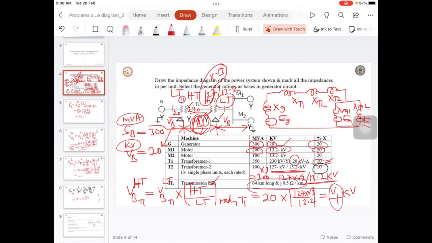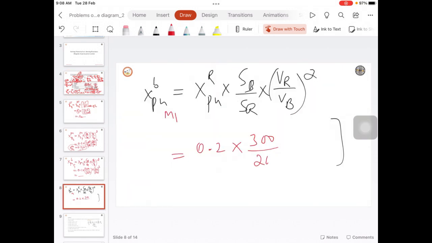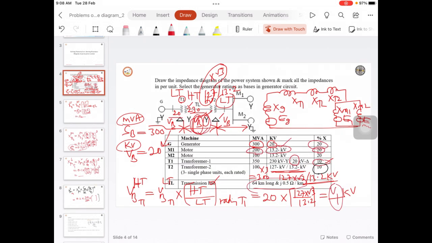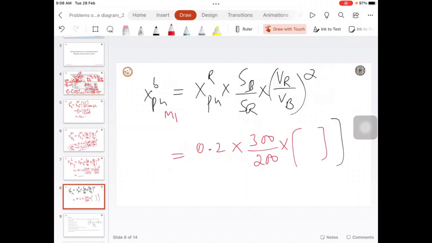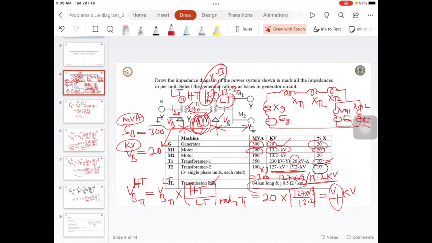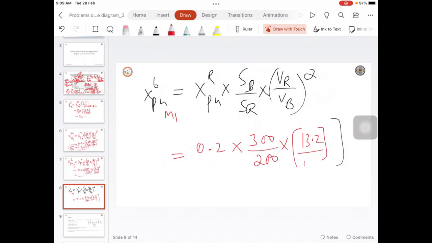What is the rating of the motor? That is 200. So 200 into VR by VB. What is the rated voltage of the motor? Motor 1 is 13.2, and the base value on the motor side is already found, let us call it V2. You can use this formula to find motor 1. Similarly, motor 2 also you can find in the same lines.